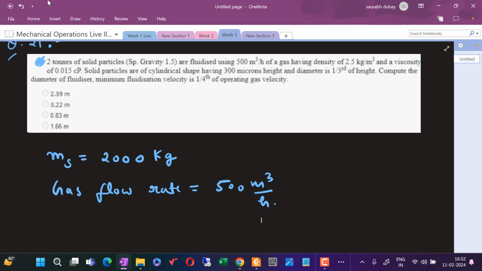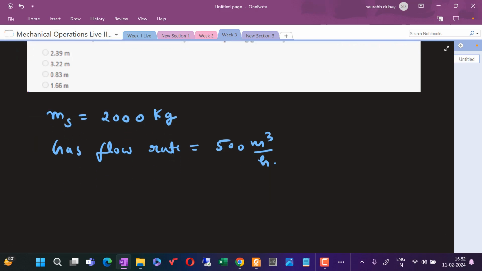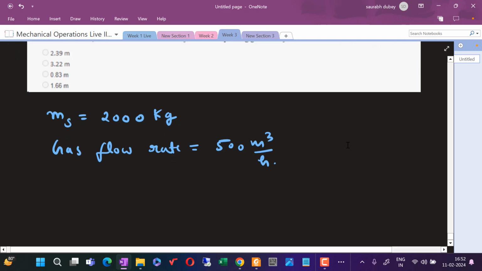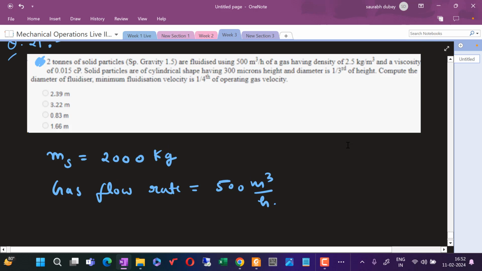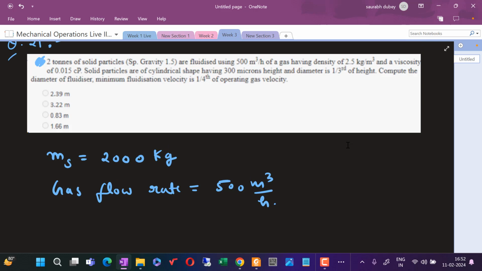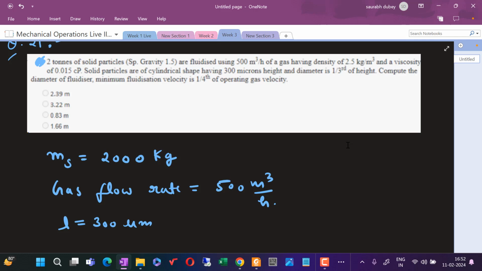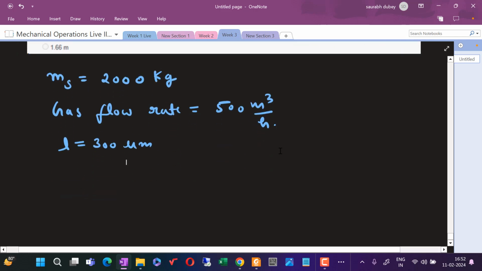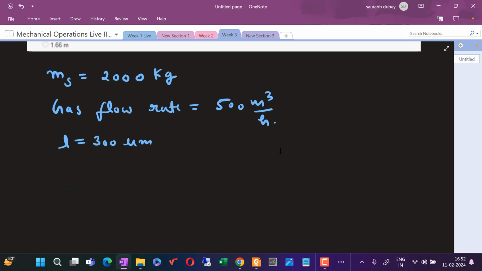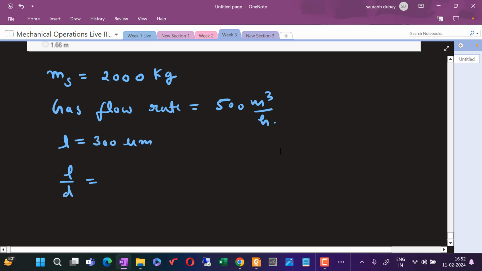Then you are provided with the cylindrical particle having 300 micron height, and the diameter is one third of that. So L by D equals 3.